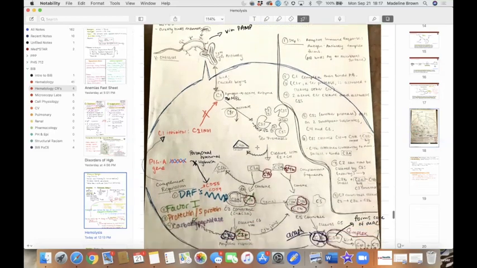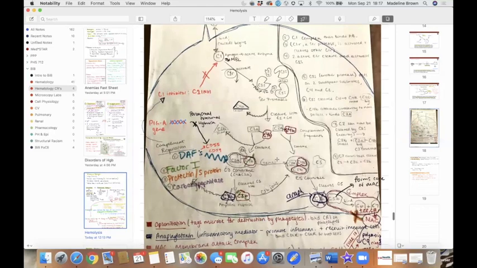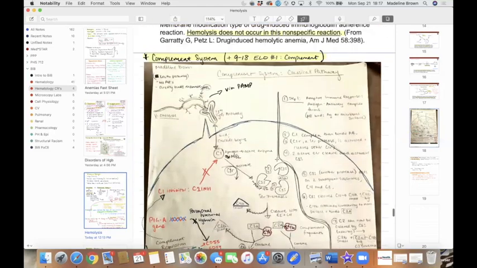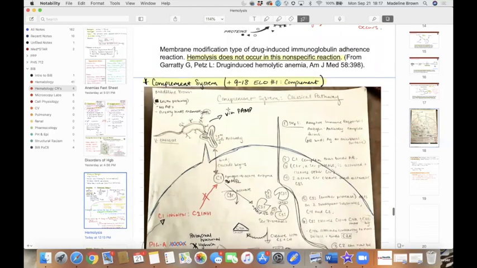You might be wondering what in the world this entire diagram is, because yes, it's very complicated, but a very quick overview is that this is the complement system, and specifically the classical pathway of the complement system, which happens in a few different instances. In this example, you see a little bacterium, a pathogen that's infectious and not supposed to be in your body. There are these little things called PAMPs, pathogen-associated molecular patterns, that your immune cells recognize.